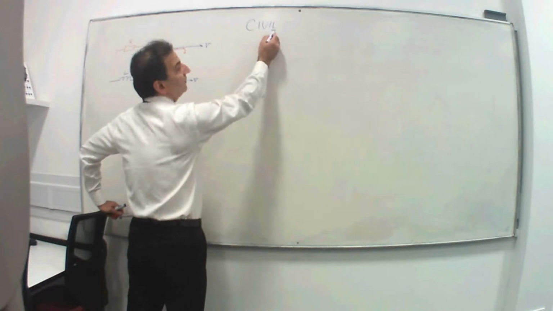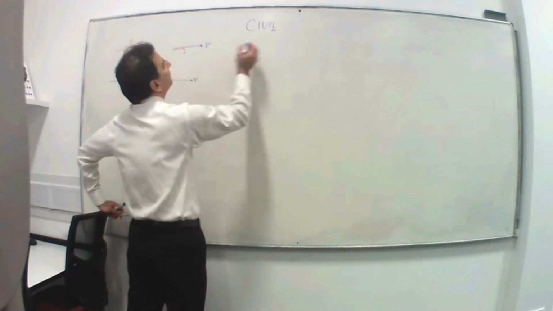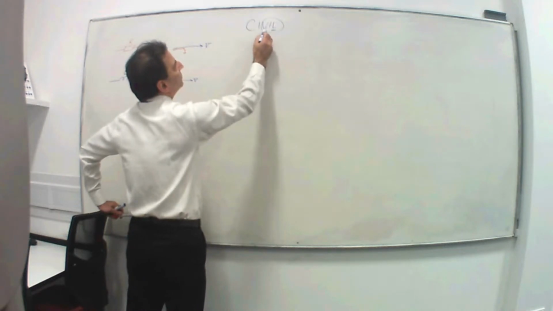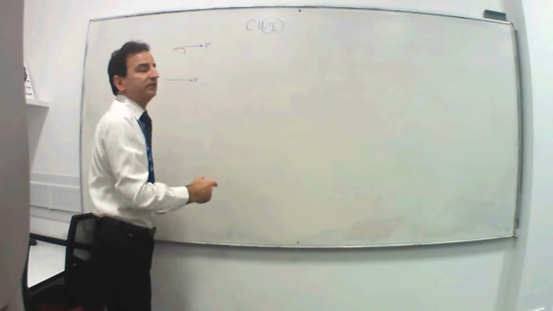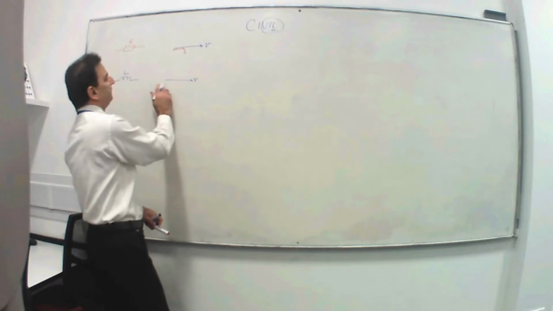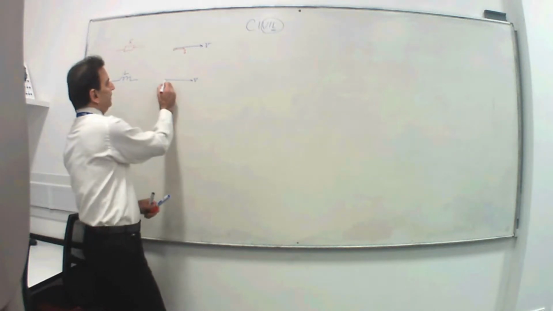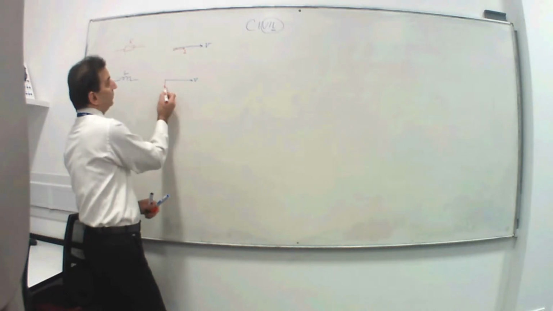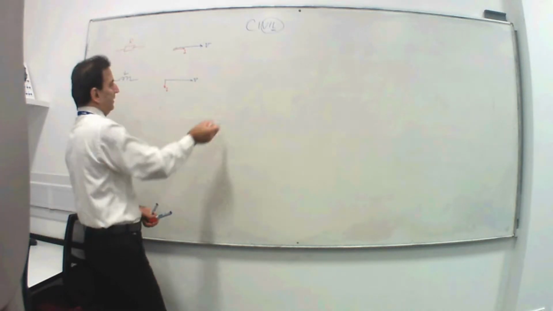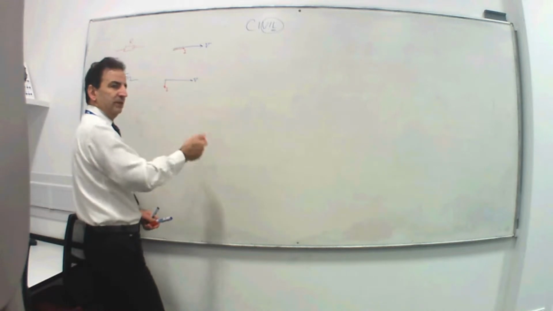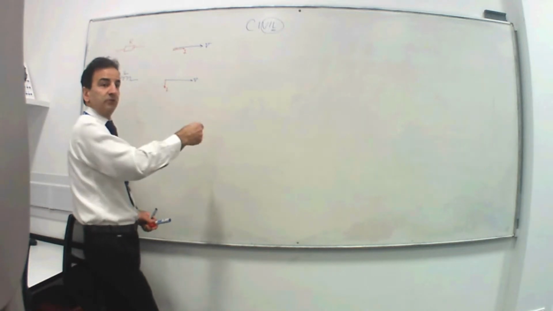This is L, inductive for L. Voltage is in front of current, so voltage is leading current by 90 degrees. So if that's voltage as reference, current is lagging 90 degrees, or voltage is leading 90 degrees. When we say leading is anti-clockwise, clockwise is lagging.